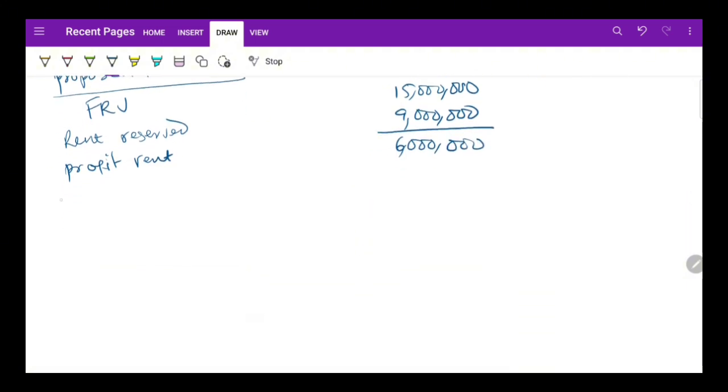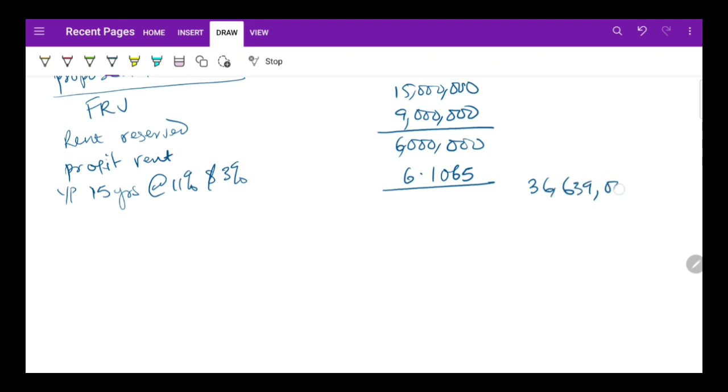Then we capitalize by YP 15 years, which is the new term he's hoping to secure, at 11% and 3%, and that gives us 6.1065. So when we capitalize that, it gives us 36,639,000.